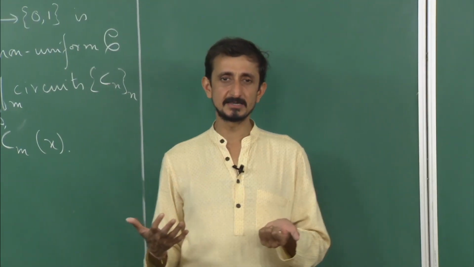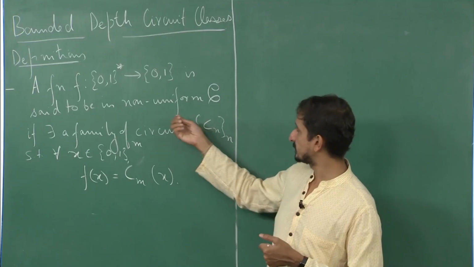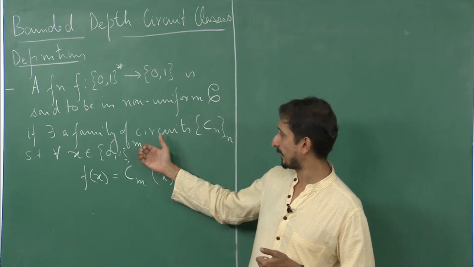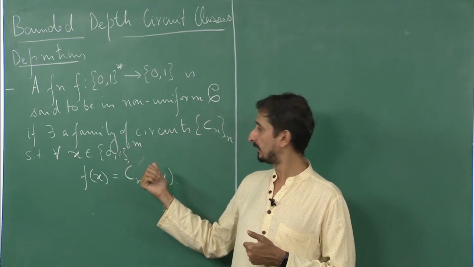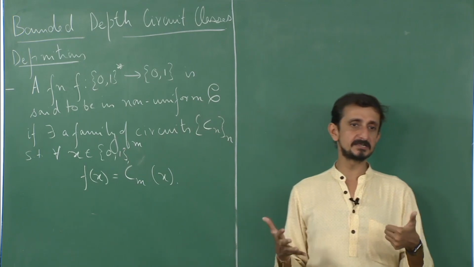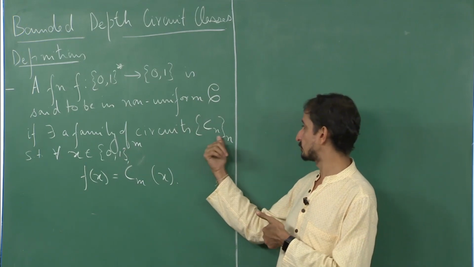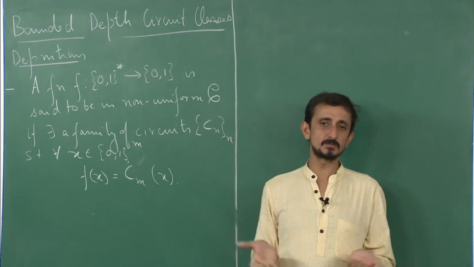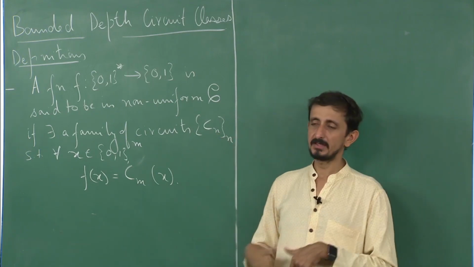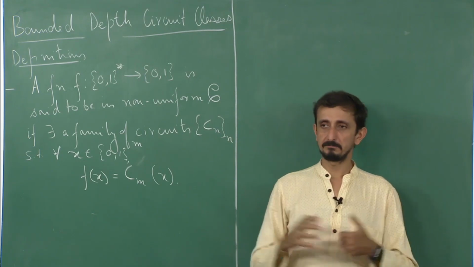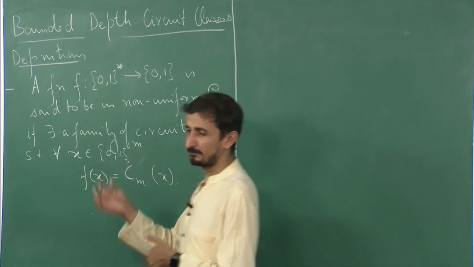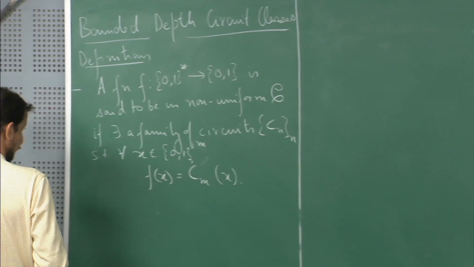For example, if I say it is log space uniform, it means that there is a log space Turing machine which, given n, can build Cn in log space. We'll come to that later. We don't need that right now.